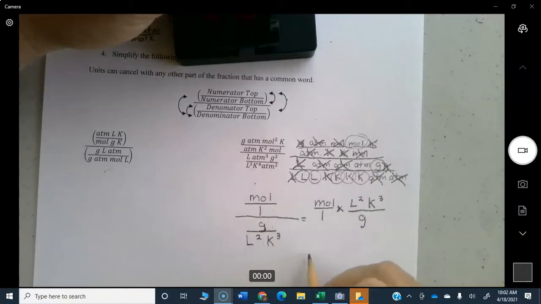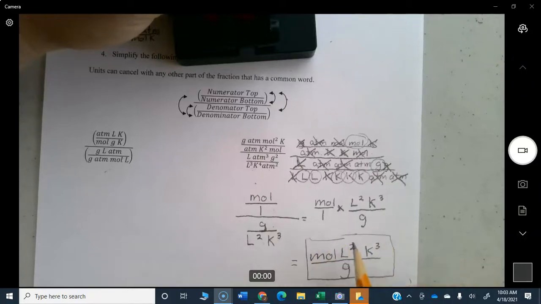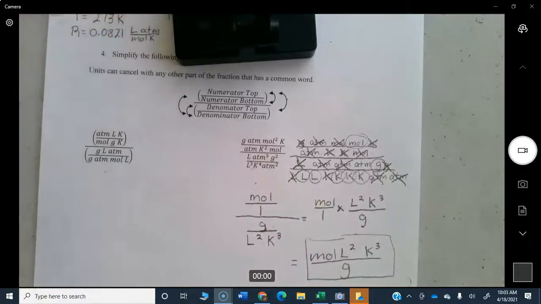Okay, so your final answer is going to be moles liters squared Kelvin to the third over grams. Okay, and that would be your final units of measure after all that cancellation. So be sure you know how to do that, right? Don't just copy it. Be sure you got what the steps were.